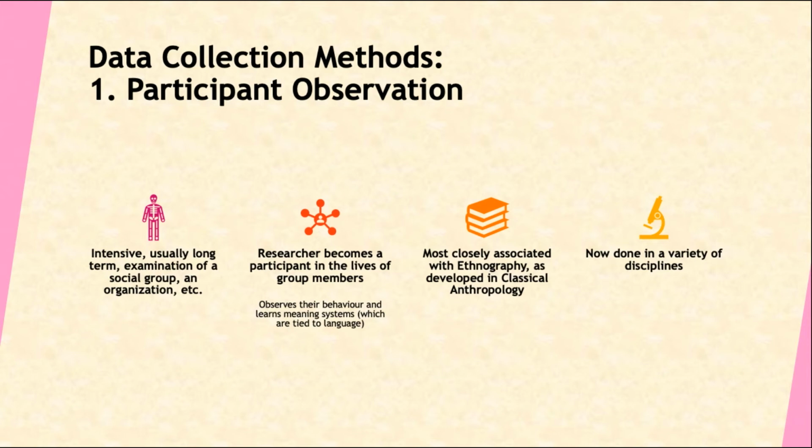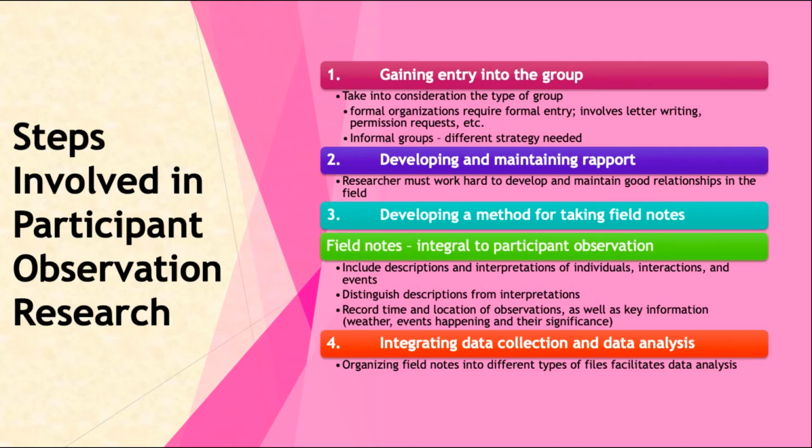It is most closely associated with ethnography as developed in classical anthropology. The first method, ethnography, is more suited for field participant observation. It is now done in a variety of disciplines, not only ethnography but also other disciplines.